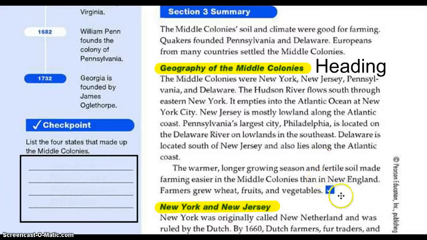Now we see here that there is a check mark, which lets me know that there is a checkpoint question over here on the side. The checkpoint question says, list the 4 states that made up the Middle Colonies. So in this paragraph right here, you need to go back and highlight the 4 Middle Colonies, and once you find those, I want you to write them here in this section.